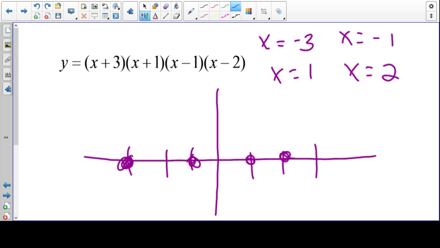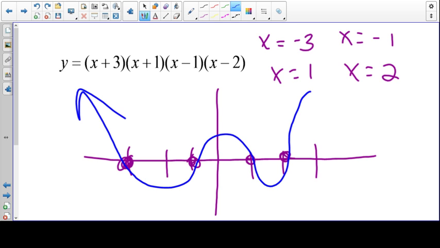I'm going to let you plug this one in and see what you can come up with and see if you can match what I have on my computer. Your graph should kind of look like a W.